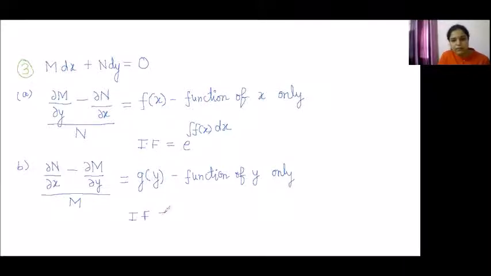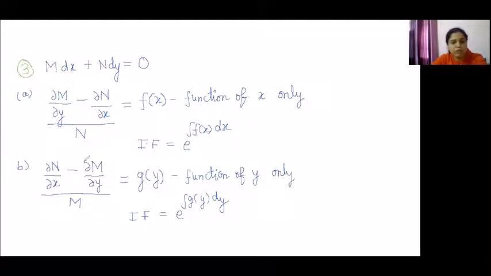Here the integrating factor will be e raised to the integration of this function g with respect to y.